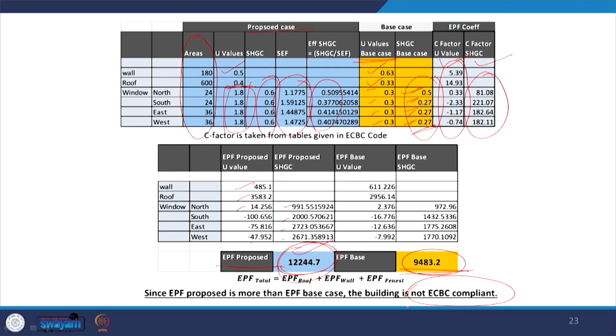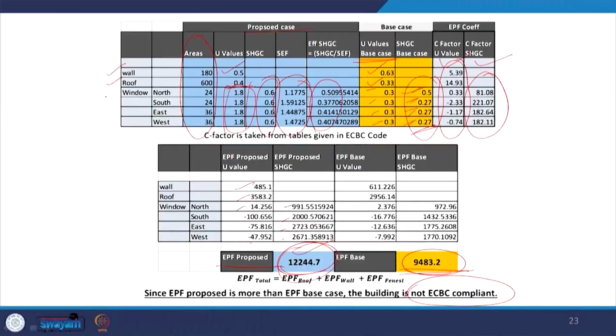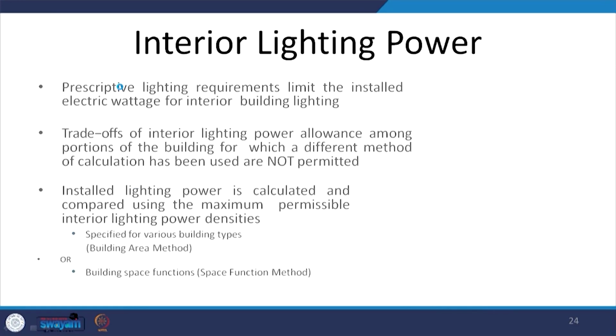So, by taking this envelope trade-off method, we can see whether a trade-off between the performances of these three factors would result in a building which has an envelope performance factor same as that of the base case or not. The next we are talking about interior lighting power.